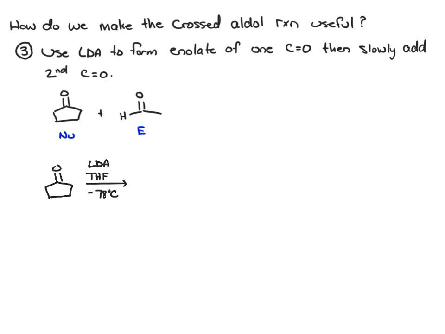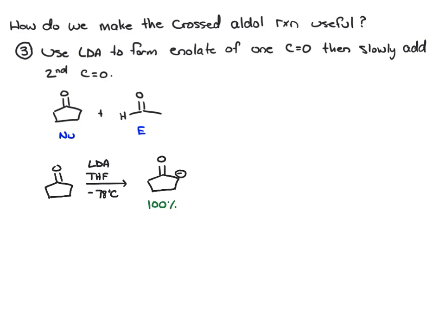And we've used LDA before to form enolates. So what that does is the base takes the alpha proton and gives us the enolate. Again, I'm drawing the minor resonance contributor just to make it a little simpler. But the thing about LDA is because it's such a strong base, there's no equilibrium here. We're forming 100% enolate.